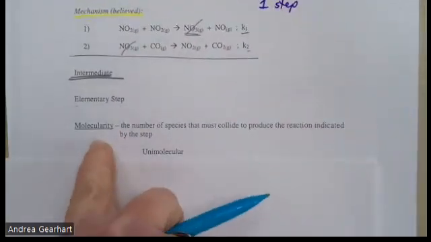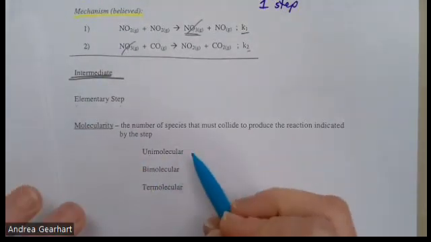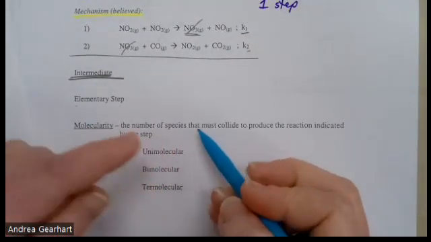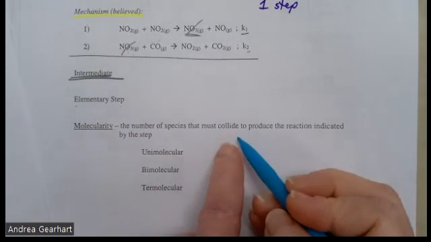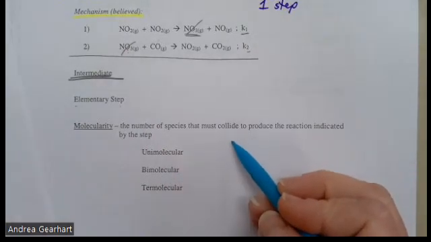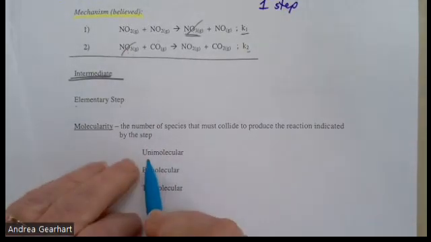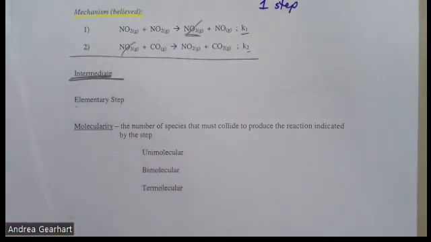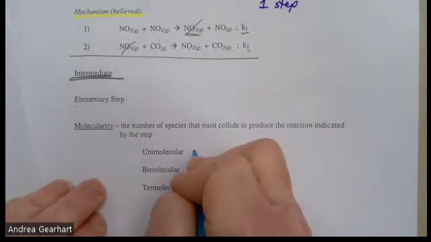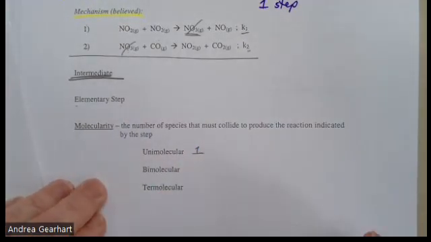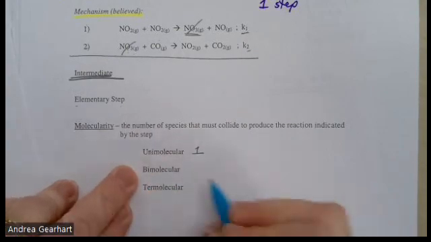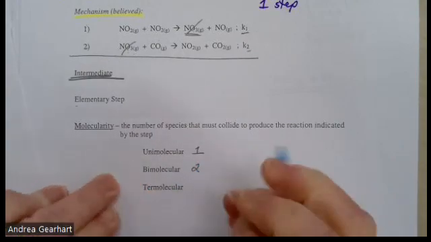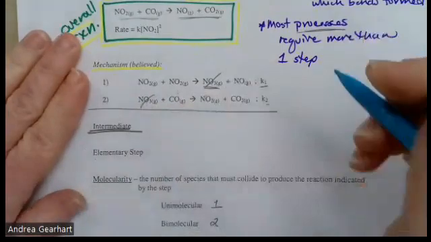The molecularity is the number of species, reactants, that are colliding and reacting to make products. A unimolecular step would have only one reactant. A bimolecular step has two. Both of these are bimolecular.